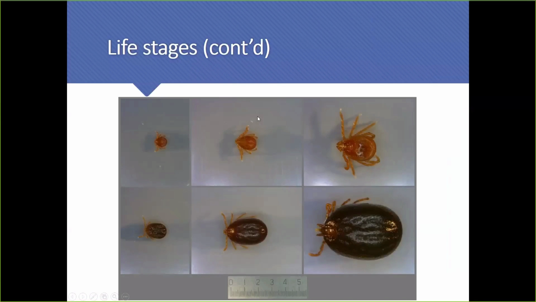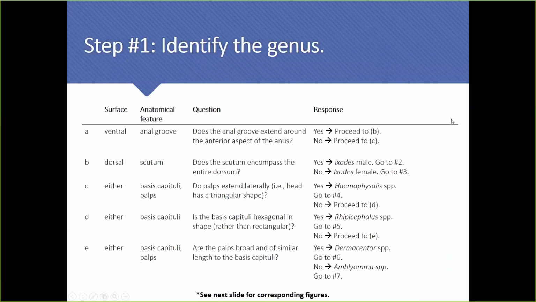Don't forget, you're also faced with the challenge that when the ticks are unfed, they're pretty easy to identify. But when you get into the engorged status of these ticks, when they're at different levels of engorgement, that makes it a little bit more challenging to see some of these features that we'll be talking about. And again, when you go to identify ticks, this is back to first-year biology.